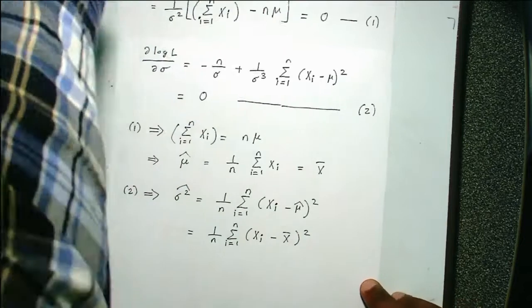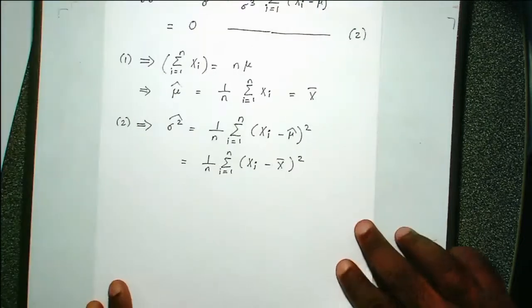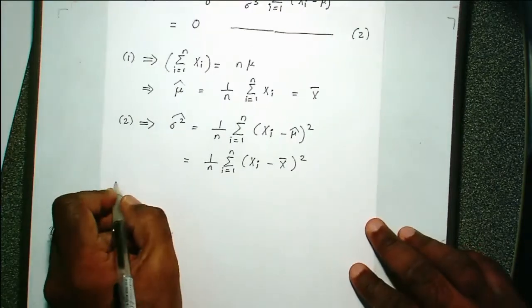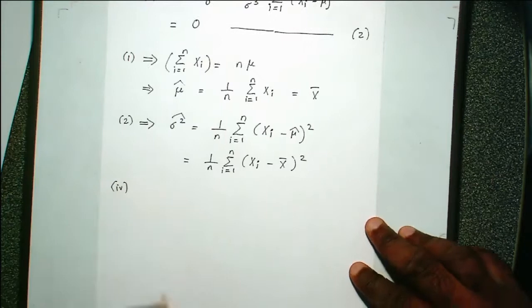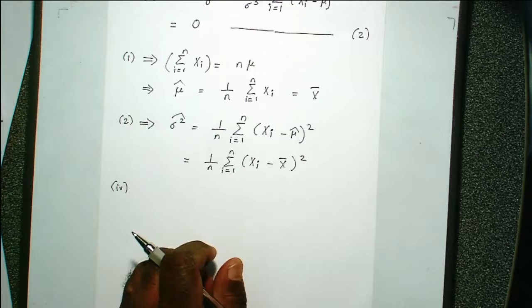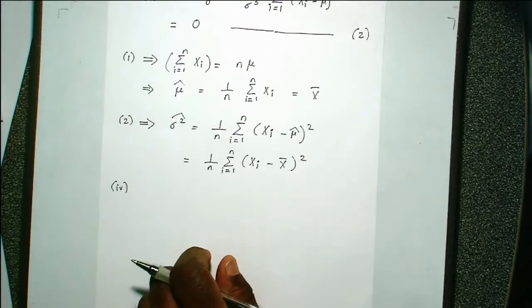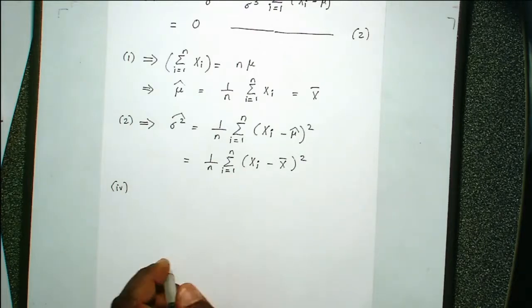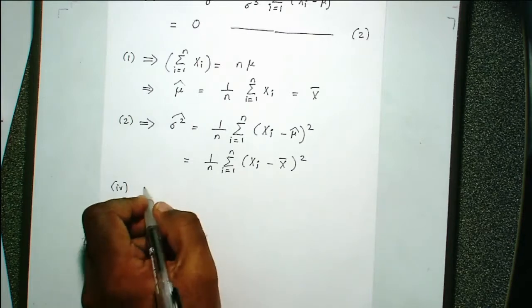Let me take this away. Step 4. To do step 4, we need to compute the second order partial derivatives, which are going to be like this. I'm not going to bore you by asking what the second order derivatives are, so I'll just write them down myself.